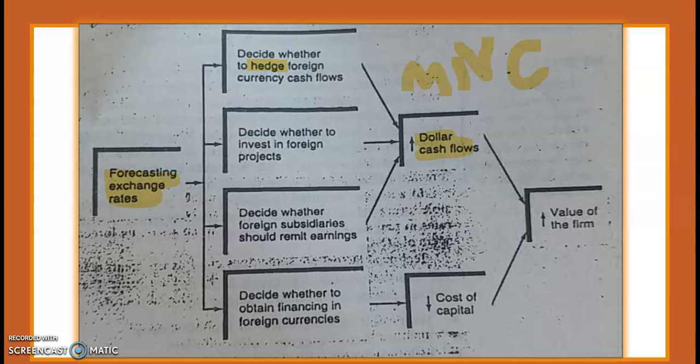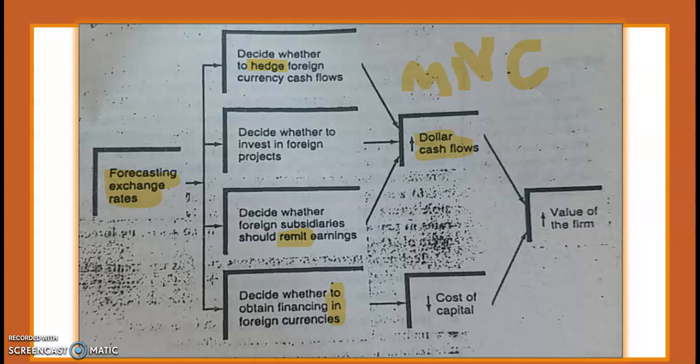And when you decide whether foreign subsidiaries should remit their earnings or should keep or reinvest their earnings, when you decide this in a proper manner, keeping in mind the exchange rate fluctuations, you increase the cash flows. And the last decision is whether to obtain financing in a foreign currency, when the currency is depreciating or appreciating in value, you have to take the decision with low interest rates.